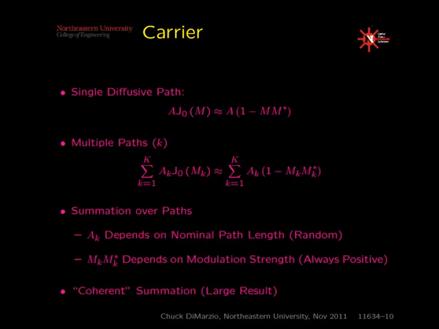Okay, in contrast, if we look at the carrier, the nominal value of the carrier is just A, and it's a complex number, and the amount by which it is suppressed is m times m star. Again, as I mentioned, that's a positive number. So when I look over multiple paths, A sub k again is a random number over m sub k, m_k star. Although it's a random number, it's always positive.